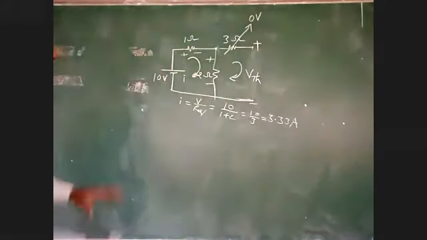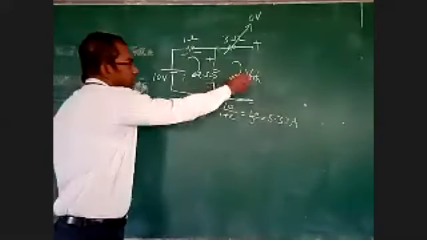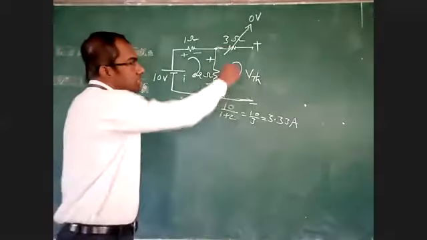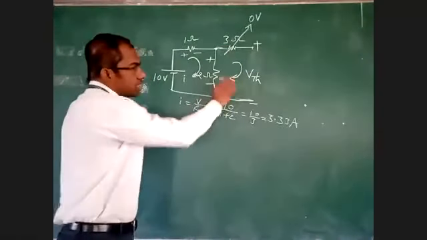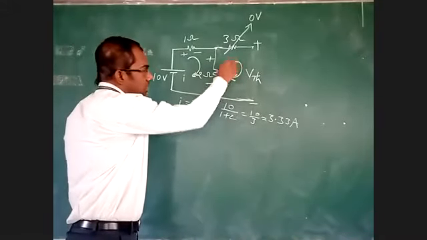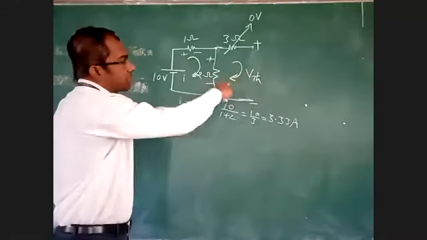Why this? See here, now I want to determine VTH. This is not a current direction. Why is this not a current direction? Because your current is 0. We can take this direction or the reverse direction. This is called a reference direction.